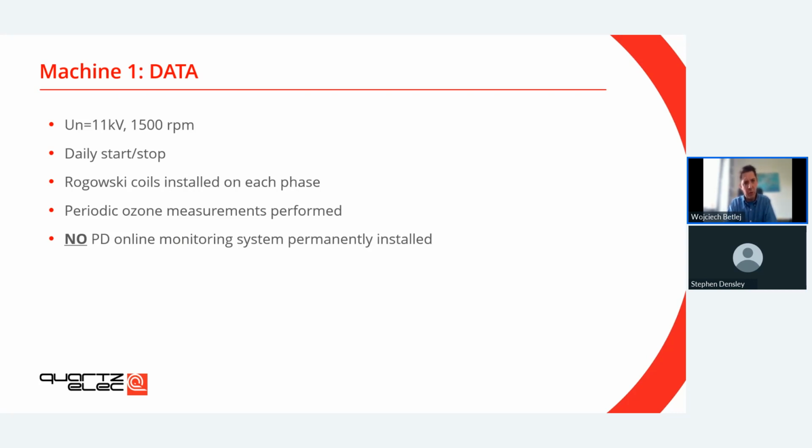It's got Rogowski coils installed on each phase. And periodically, this particular customer has measured PD and ozone. So bear in mind, there was no online system installed. Just every so often, the customer will go and measure PD and ozone. And this is what they found.